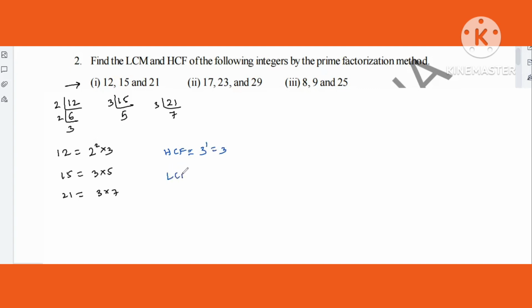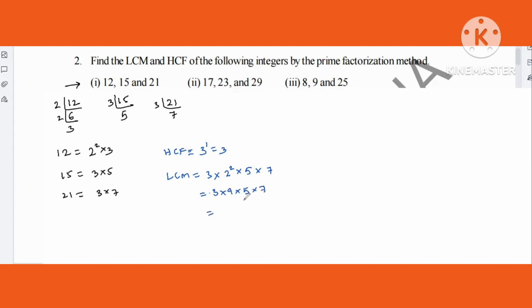And LCM: if you take LCM, the common base is only 3. You should write that with the highest power. That is 3, and the remaining all: 2 square into 5 into 7. So the answer is 3 into 4 into 5 into 7.